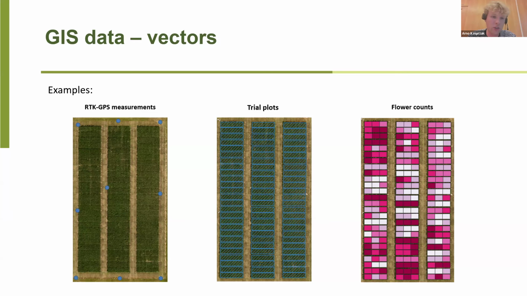But what you can also do is, for example, use vector data to represent the trial plots if you have an experiment for breeding. And the nice thing about vector data is that you can also link additional information to it, like you see here on the right, where you can link flower counts to every plot.